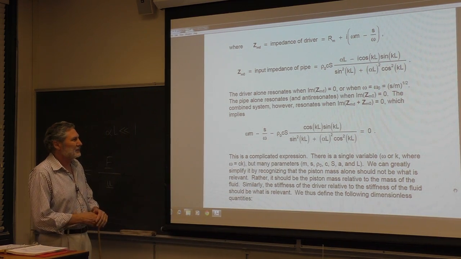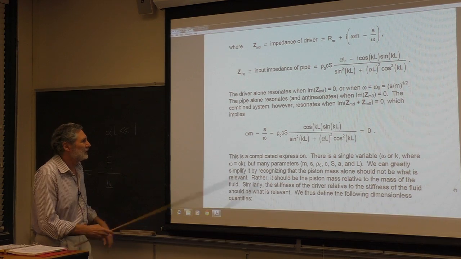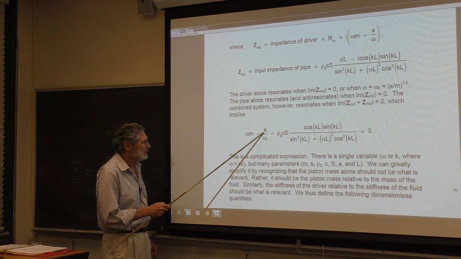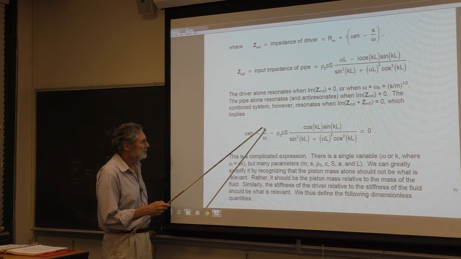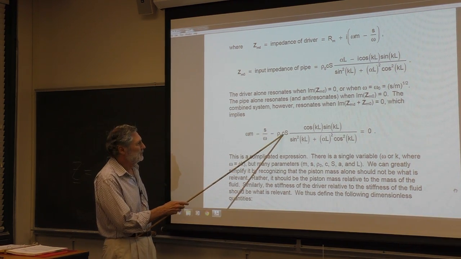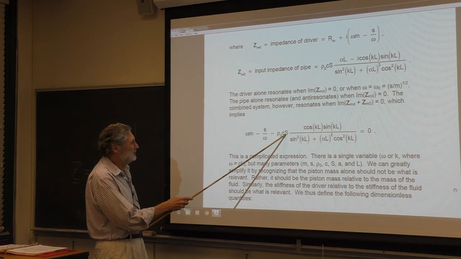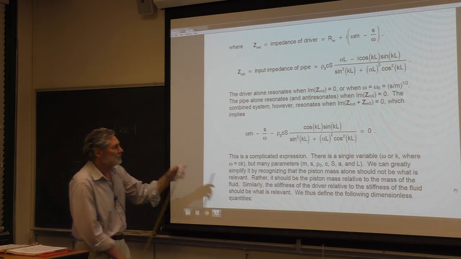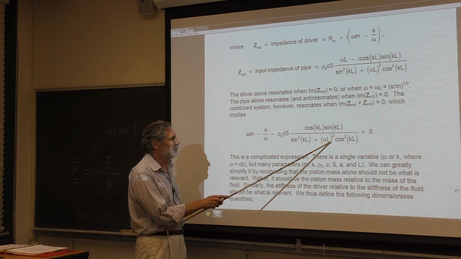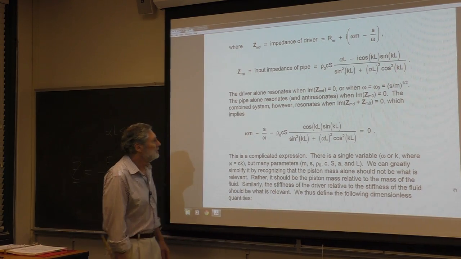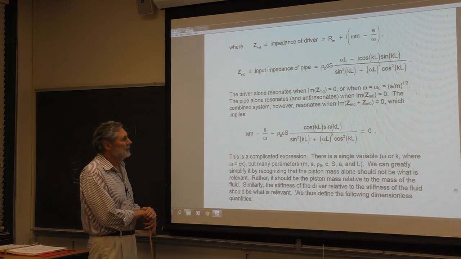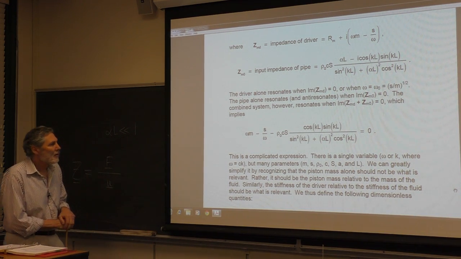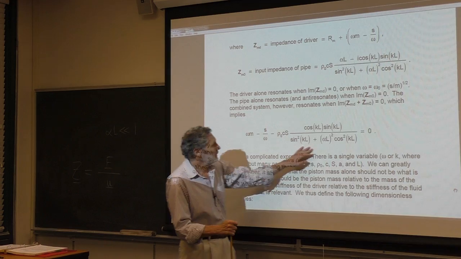The next thing you want to see is that there are a lot of parameters here. All of a sudden, we've got the mass of the piston, the stiffness of the driver, the density of the fluid, the speed of sound in the fluid, the cross-sectional area, the absorption coefficient, the length of the pipe. So how do we handle that? Well, there's an indication of how it's handled right here.